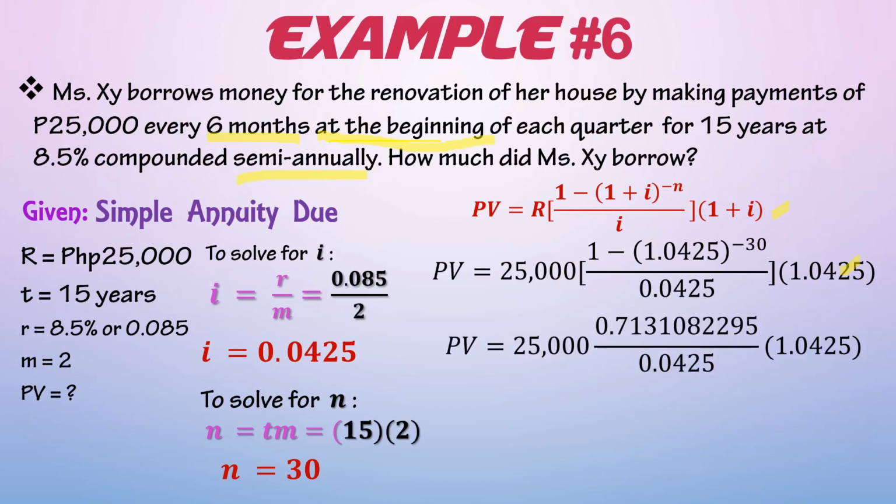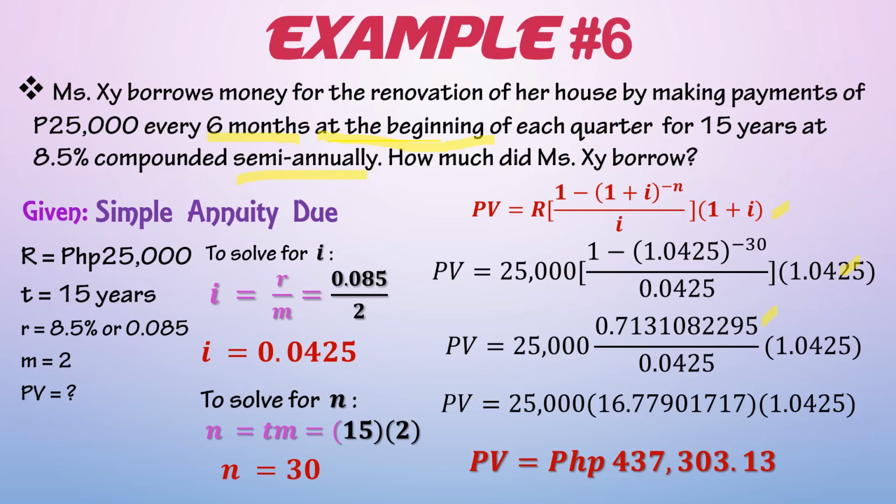So you will have this value, and then we divide it by the value of i, 0.0425. So this will be equal to 16.77901770. Okay, you have to write everything here. Multiply by 25,000 and the value of 1 plus i. So this will give us 437,303.13. So this is the amount that Miss Sai needs for the renovation of her house. So almost half a million.